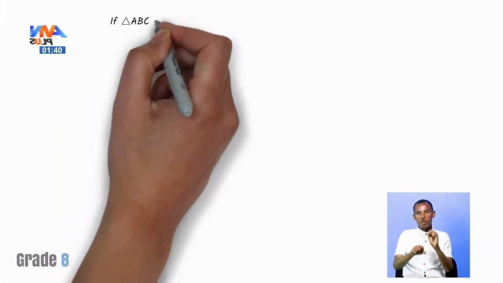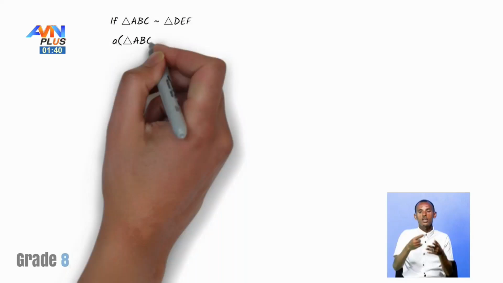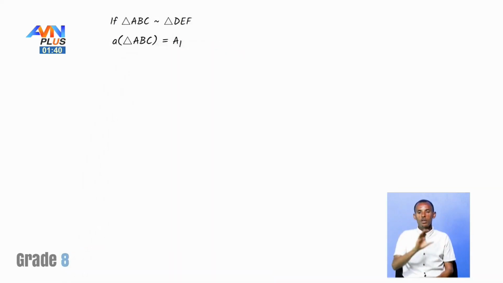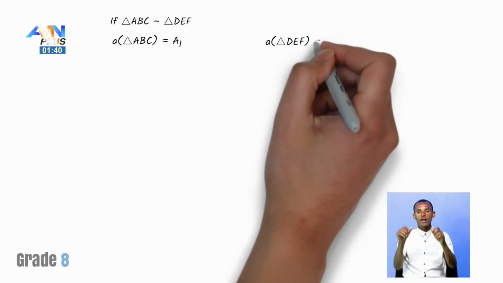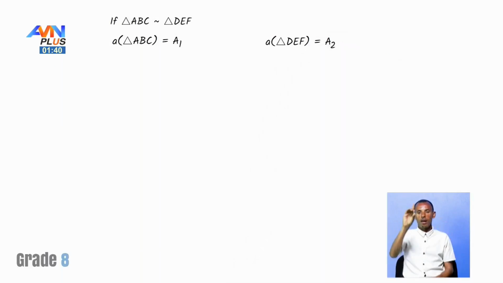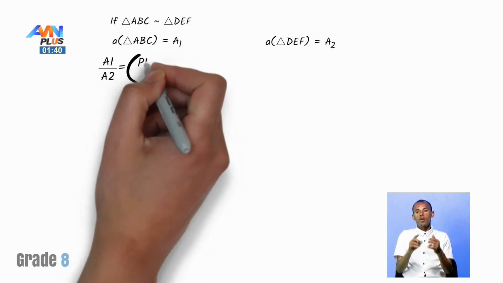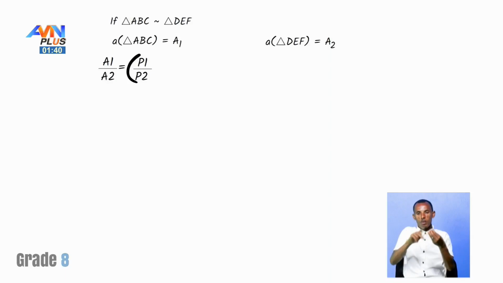If triangle ABC is similar to triangle DEF, where the area of triangle ABC is A1 and the area of triangle DEF is A2, then by similarity, the ratio of the areas A1 by A2 is the same as the perimeter of triangle ABC, call it P1, by P2 the whole square.